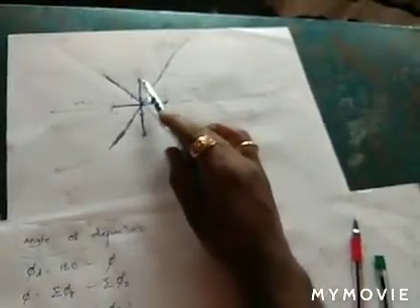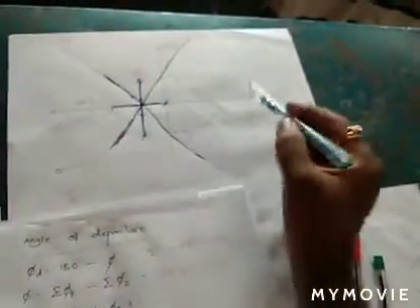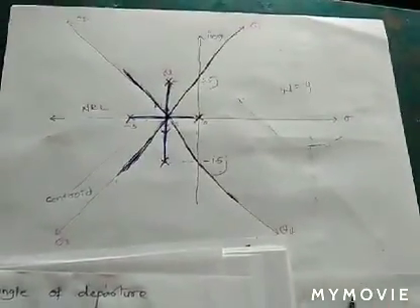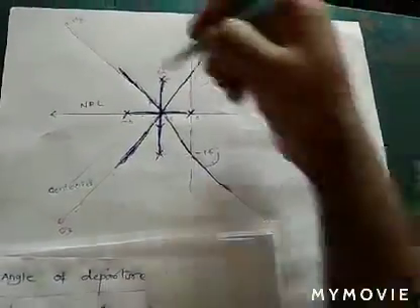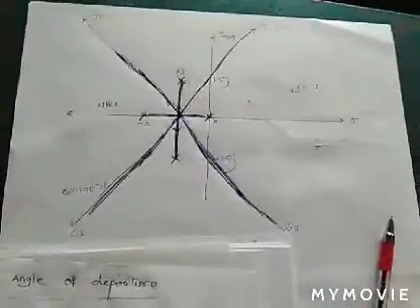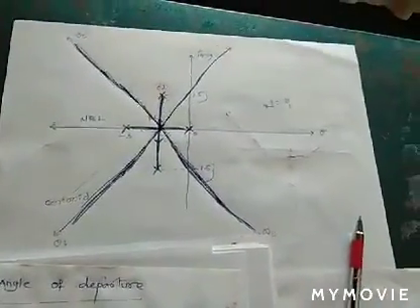So 1, 2, 3, 4, so n is equal to 4. So this is the actual root locus.